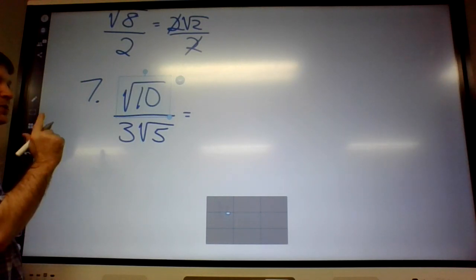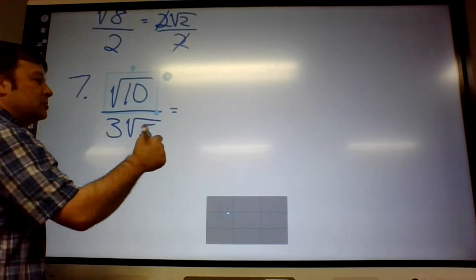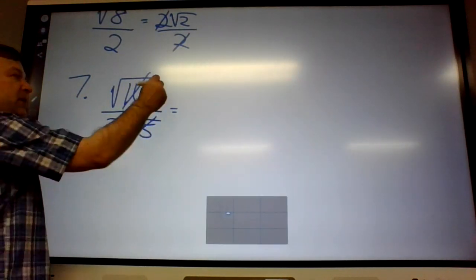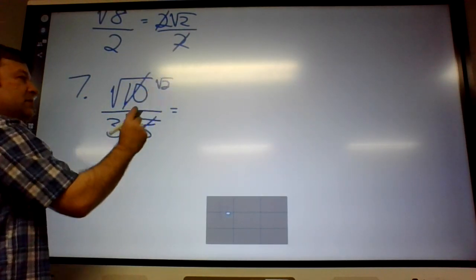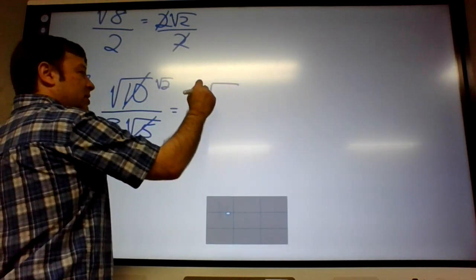No, you're thinking subtraction. 10 divided by 5 is 2. You can think of them like reducing, but it's still a square root. So it's going to be square root of 2.